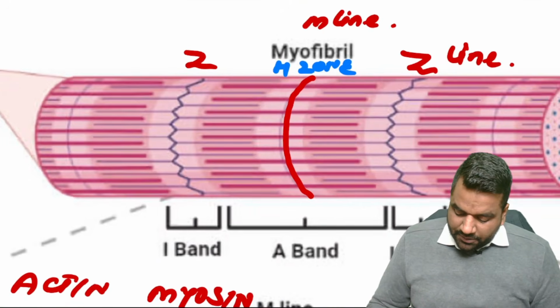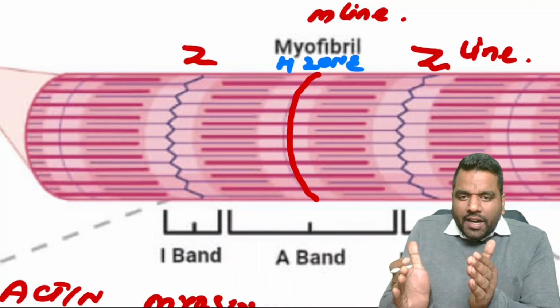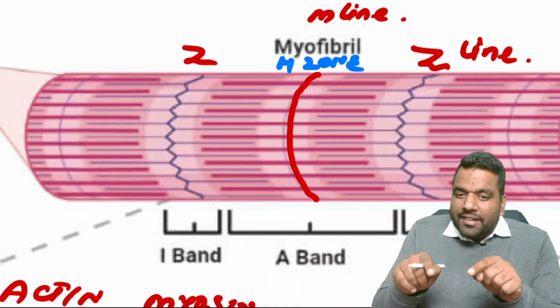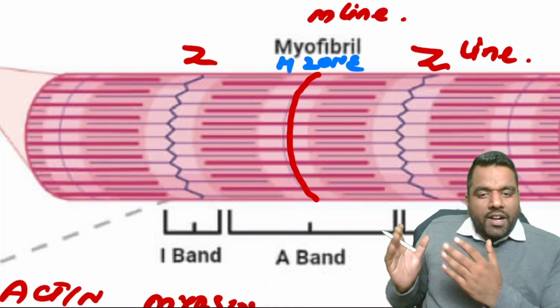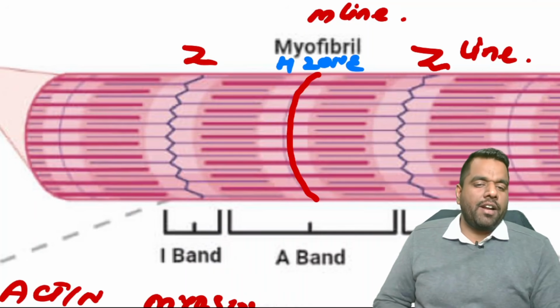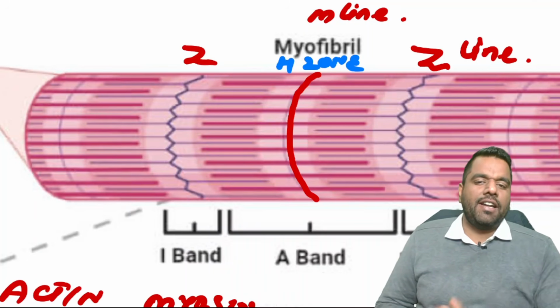Guys, please pay attention. Whenever the muscle contracts, the size of the sarcomere decreases. During this muscle contraction, what happens with these bands? A very, very important MCQ in several examinations like FMGE or NEET PG.